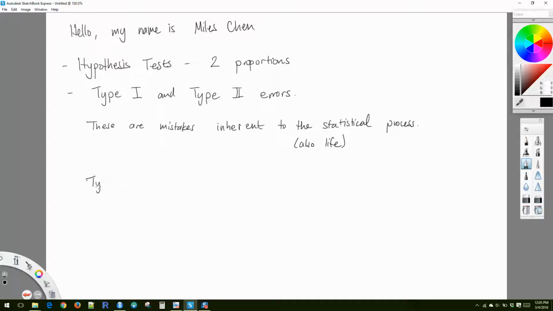So the type 1 error is basically we have decided to reject the null hypothesis, right? And we decide to reject the null hypothesis because our data leads us to this conclusion.